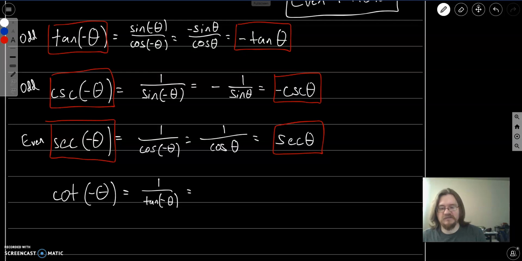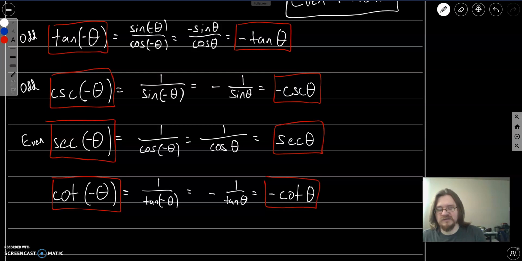So I can pull out that negative sign, and I get negative cotangent. So this one is also an odd function, because if you plug in the negative sign, you can pull it out front.